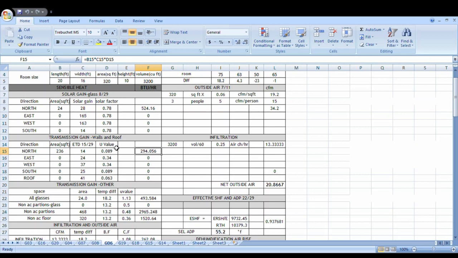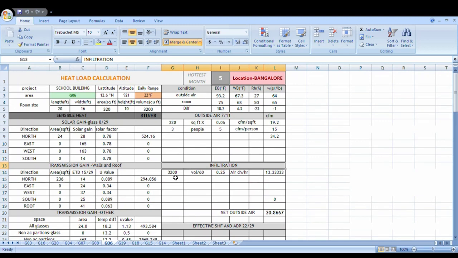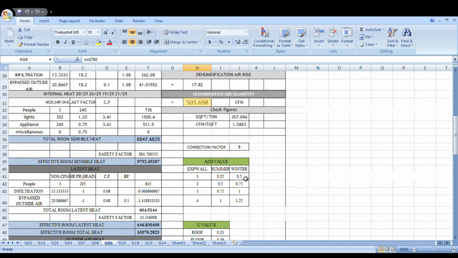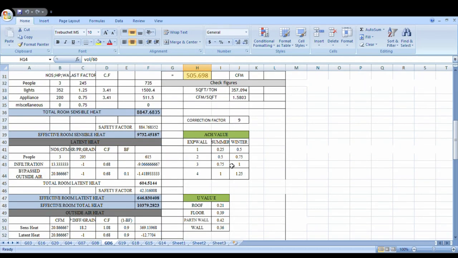Now we will do infiltration. You will get this value automatically here, 3200 cubic feet, this constant, and the air change per hour I will show. We have only one wall exposed to sunlight, so we have to take 0.25 value.